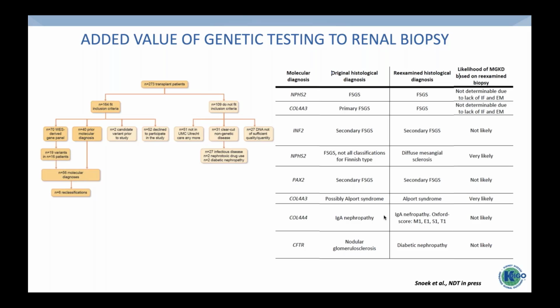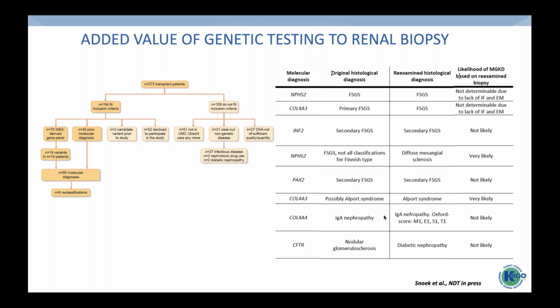But in 4 patients, he said it's not very likely that this patient has a monogenic kidney disease because he has secondary FSGS, or IgA nephropathy, or diabetic nephropathy. However, in these patients, the first one had an INF2 mutation, so clearly monogenic disease.